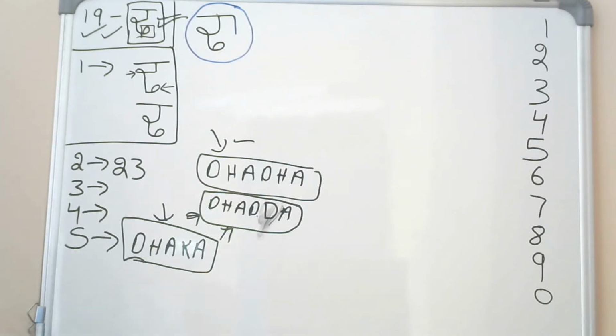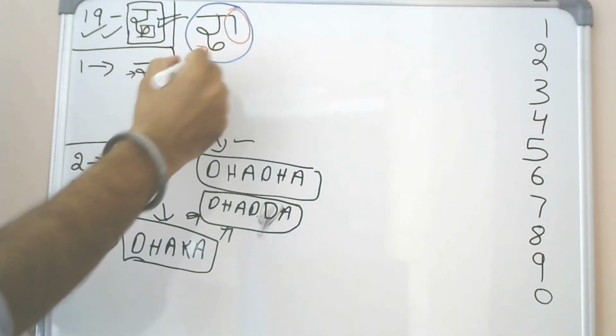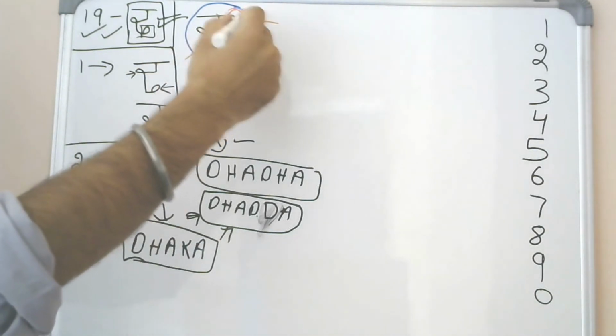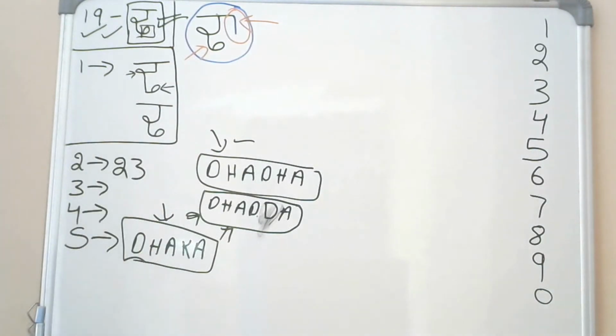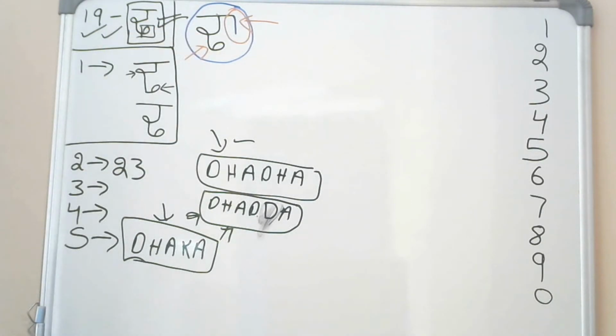Without this symbol, the sound of this will be t. But this symbol, which gives the sound of a, if you attach that a sound to this letter, it will become ta. So these symbols we will discuss in other lectures, so let's not get confused here.